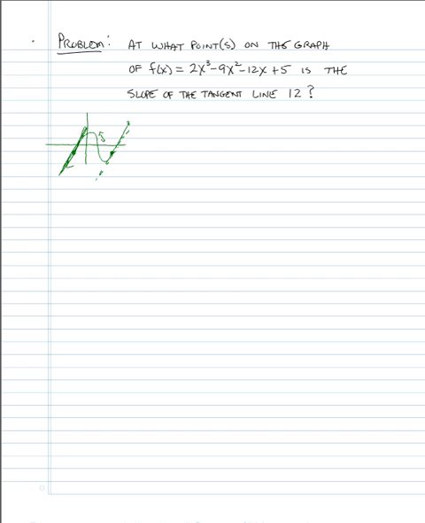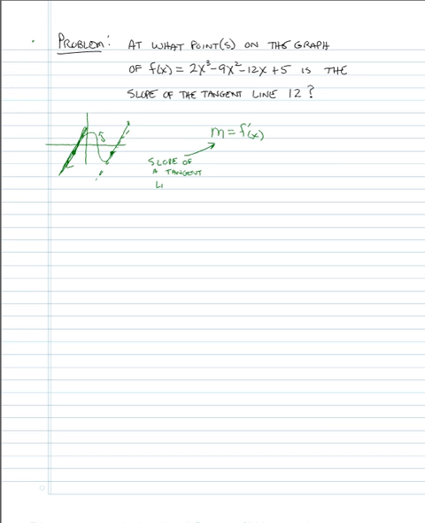Now, how we approach this problem is that we remember that the derivative is a way we calculate slopes of tangent lines. That's what a derivative does. The slope of the tangent line is calculated by using the derivative. Let's keep that in mind. So those are synonymous, basically.